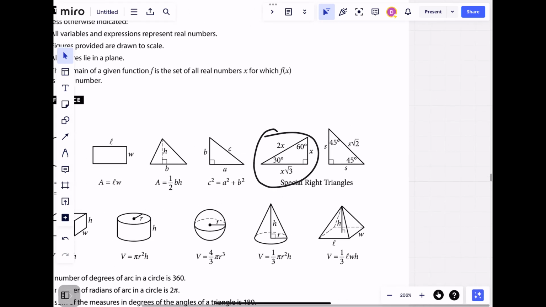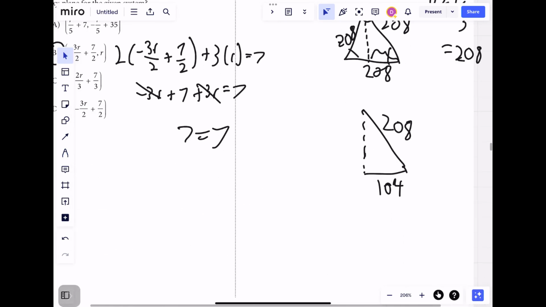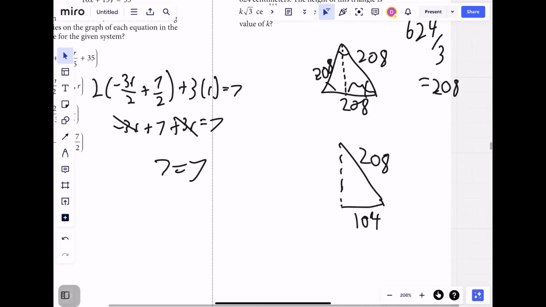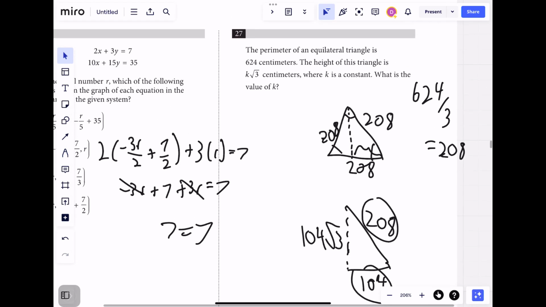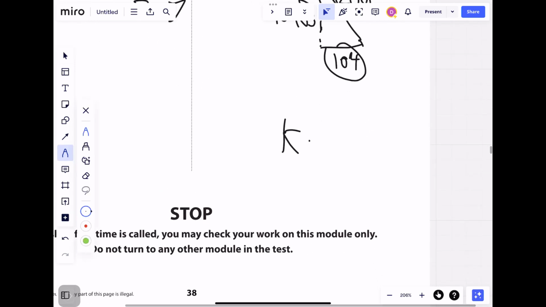So we'd notice that x times the square root of 3 is the height. So we can plug in 104, because this is x, this is 2x, this is x times the square root of 3. So it's going to be 104 times the square root of 3. So then this matches with this. k equals 104.